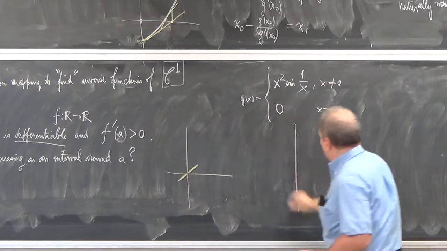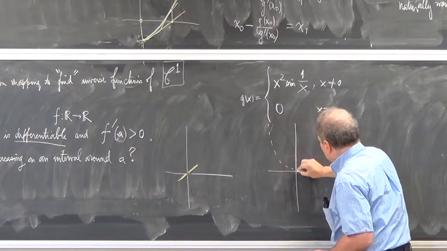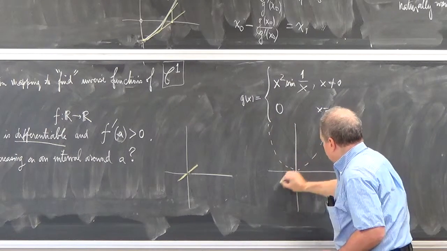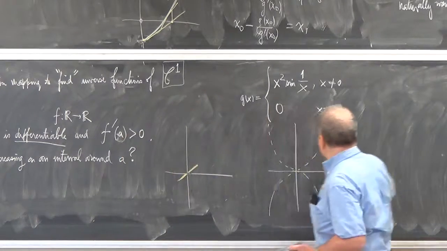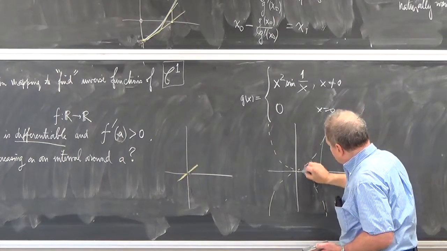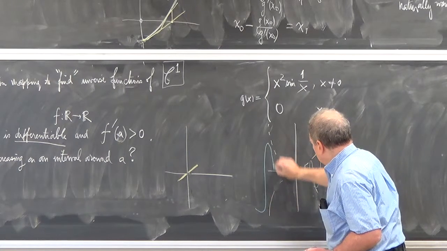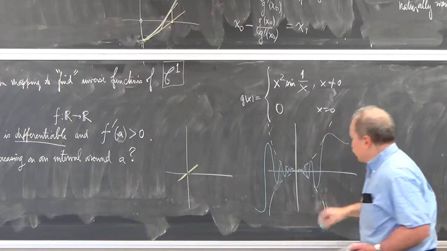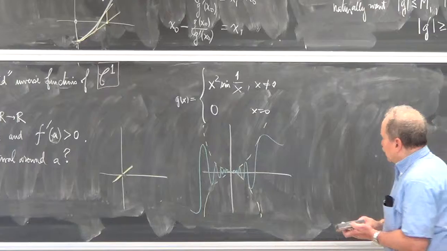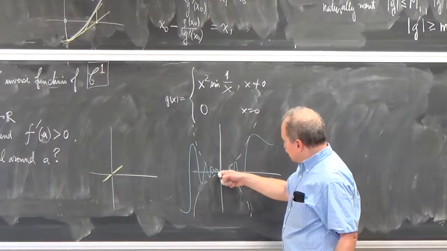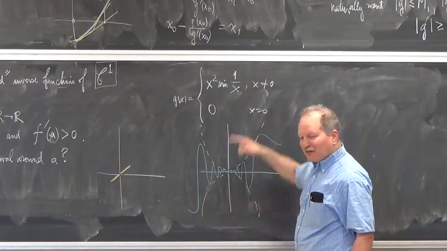That was an example of a function that was differentiable everywhere, but its derivative was not continuous. This was the answer to one of the exam problems. As you got closer to here, the derivative is oscillating from -1 to 1, faster and faster as you come in.